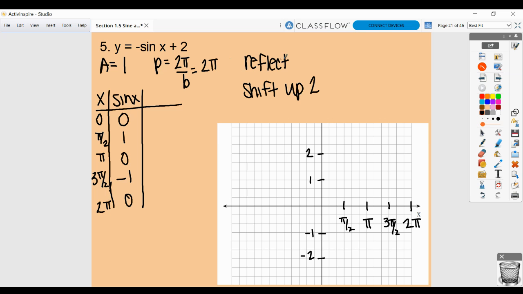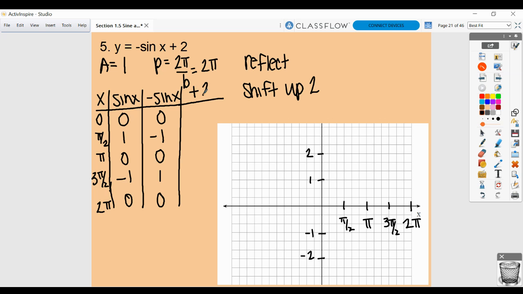But now we have to add in this reflection and the shift up 2. So if we reflect, all you're doing is multiplying this by -1. So 0, -1, 0, 1, 0.